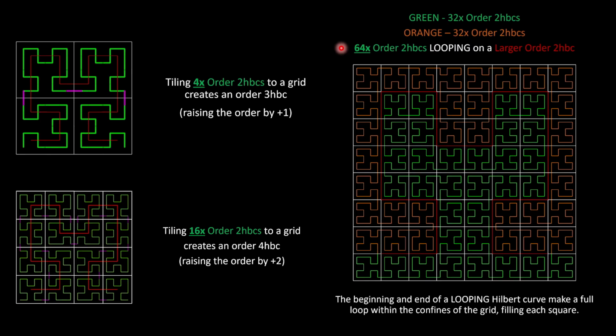Tiling 64 order 2 Hilbert curves to a grid creates a looping Hilbert curve composed of order 2 Hilbert curves looping on a larger order 2 Hilbert curve. The beginning and end of a looping Hilbert curve make a full loop within the confines of the grid, filling each square. The orange and green sections connect at the beginning and end of the looping Hilbert curve.